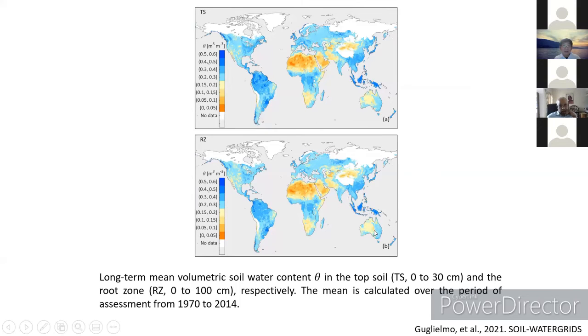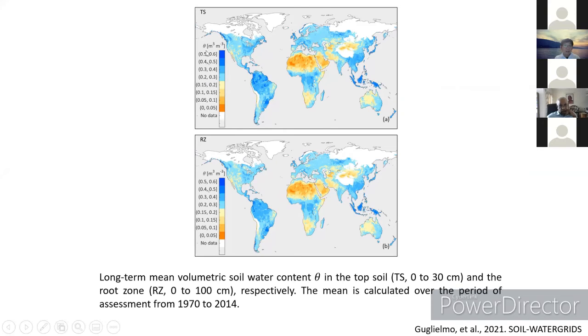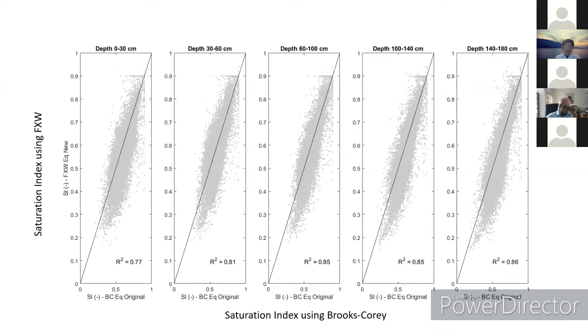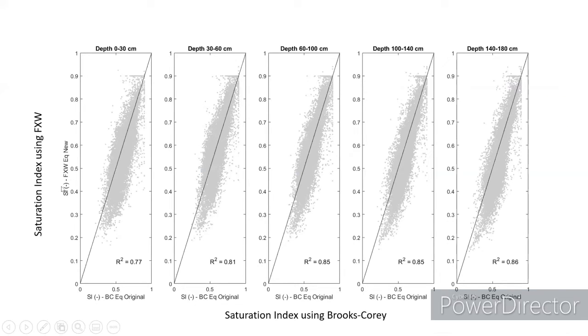As expected, some of the dry regions have low water content compared with the tropics, where we have higher water content, and so on. The top one is the 0 to 30 centimeter topsoil, and the bottom one is the 0 to 1 meter. When we compare, this is running using Brooks and Corey, compared with saturation index 0 to 1 using the FXW.